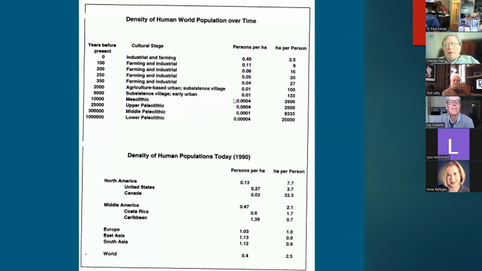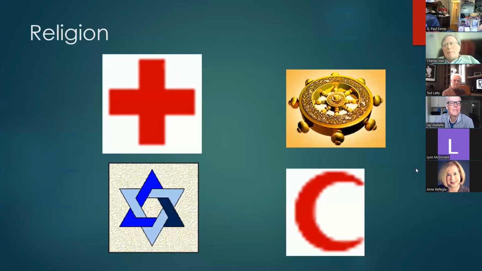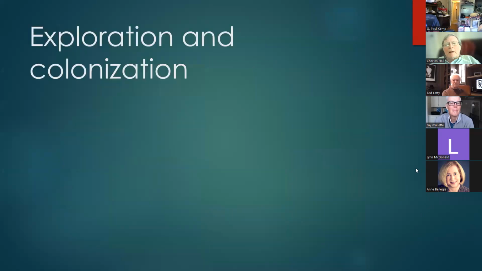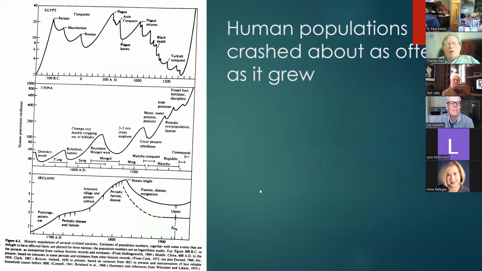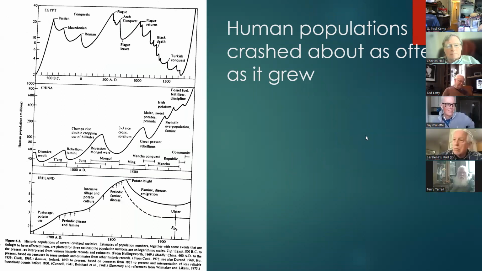That's in this column here, from lower Paleolithic, lower Stone Age, up until today. And populations went up and down. We think of it as a general upward trend, but they went up and down. And this is where I'm going to stop today and take a 5-minute break and then look for questions.